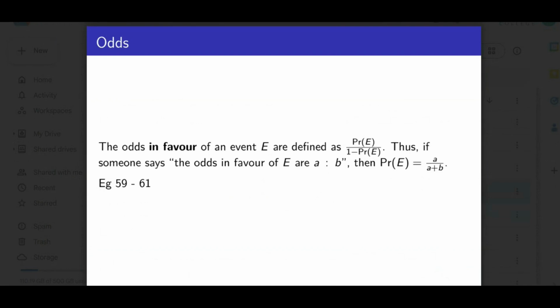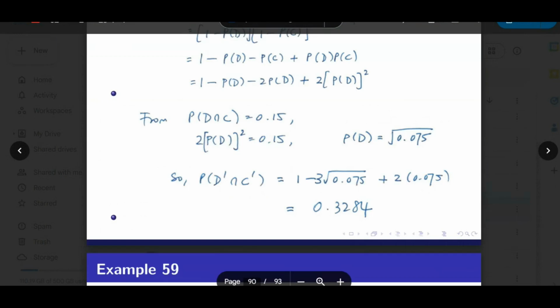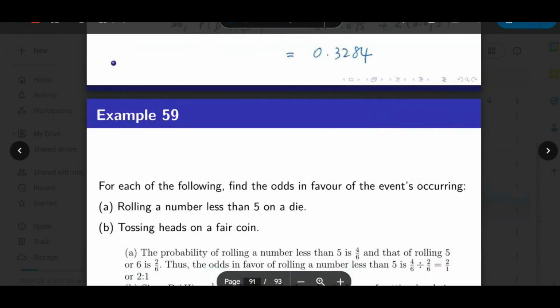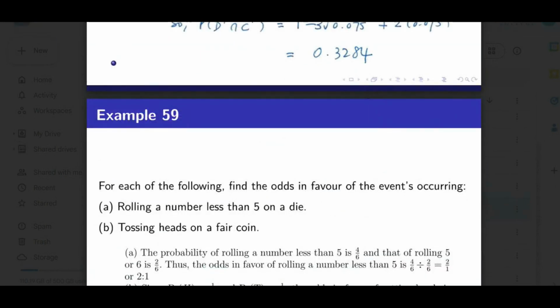So let's just do some examples. Rolling a number less than 5, what are the odds of that happening? On a fair die, there are 4 things less than 5. So the probability of rolling 4 or less is 2/3.